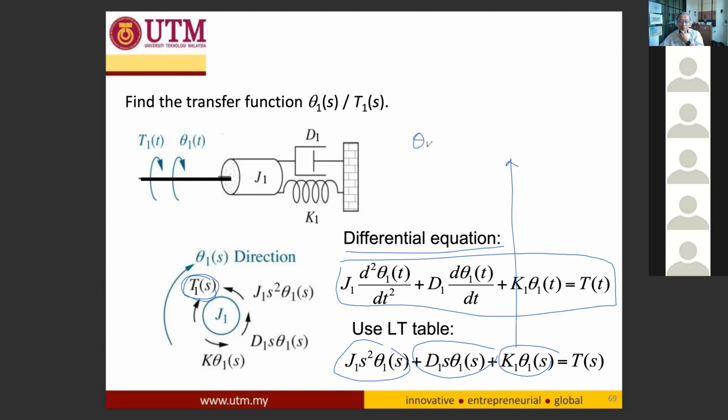So theta 1 over T1 will become 1 over J1 S square plus D1 S plus K1.